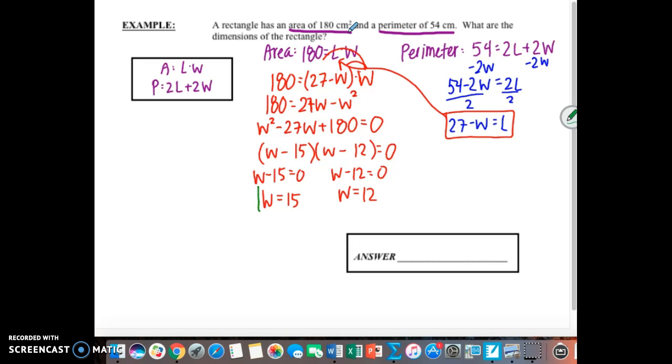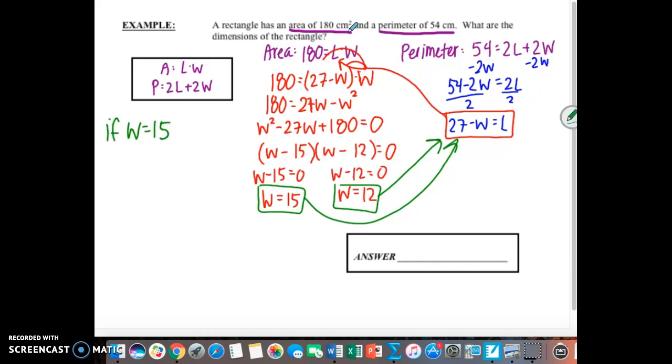So now that we have W equals 15 and W equals 12, this is the time to substitute these values into the equation for length to determine what the length is. If W equals 15, then we would have 27 minus 15 equals the length, so 12 would equal the length. Notice that if W equals 15, then the length equals 12.